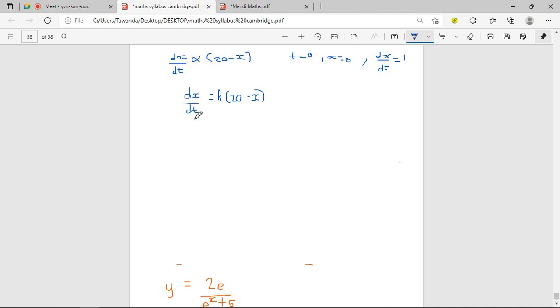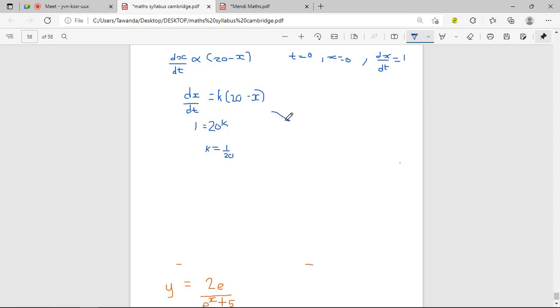Where there is dx over dt, we are going to put 1. And where there is x, you put 0. So you have 20k equals 1. What would be your k? 1 over 20. And what is 1 over 20 in decimals? 0.05.